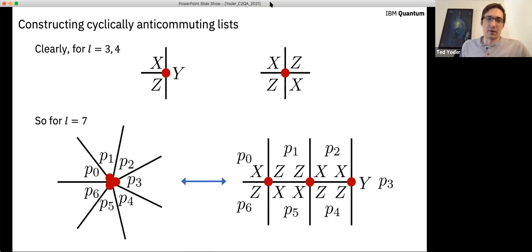So if we want a length 7, then we can concatenate 2 length 4s and a single length 3 cyclically anti-commuting list, as shown on the right side of the arrow. Here we have 3 qubits because it's a degree 7 vertex.